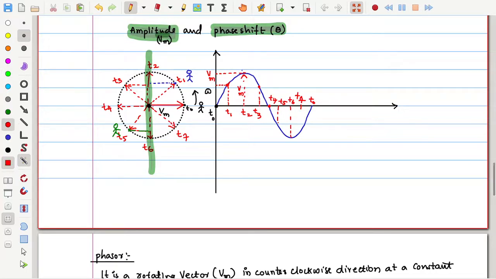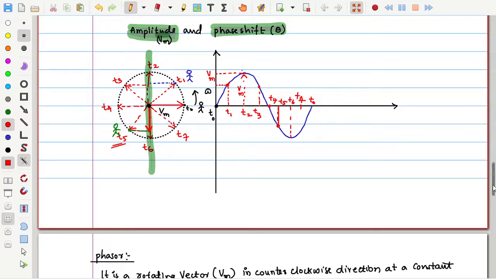Once I project it, at this instant, at the t5 instant, you will get a sinusoidal amplitude of this much height. This is the amplitude, meaning this sinusoidal pattern can be tracked by using this rotating vector.